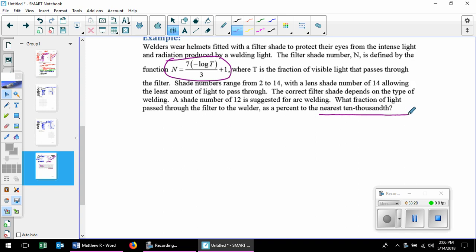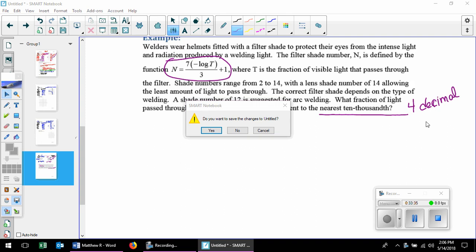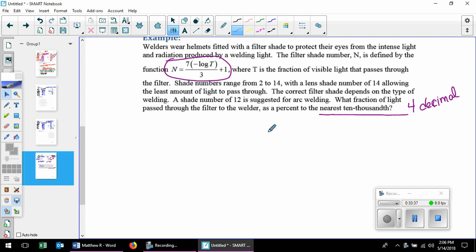What place value is that? Tens, hundreds, thousands, 10,000. So that's as good as we're going to get.